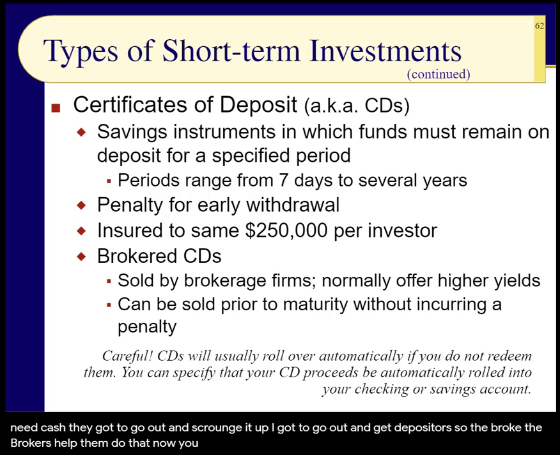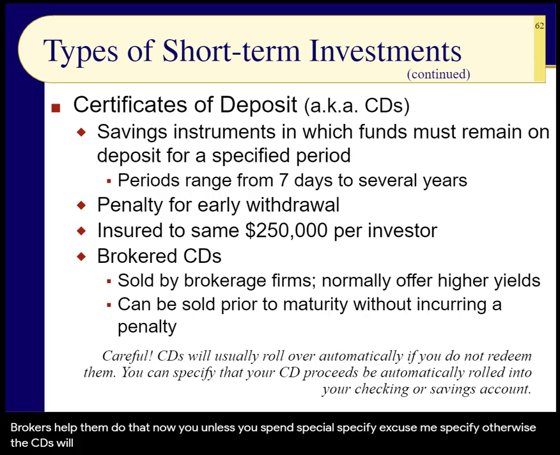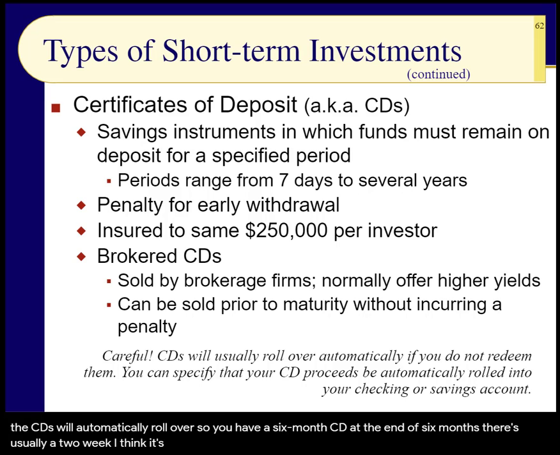Now you have to be careful, because unless you specify otherwise, the CDs will automatically roll over. So you have a 6-month CD. At the end of 6 months, there's usually a 2-week time frame where you can get your money out of the CD.